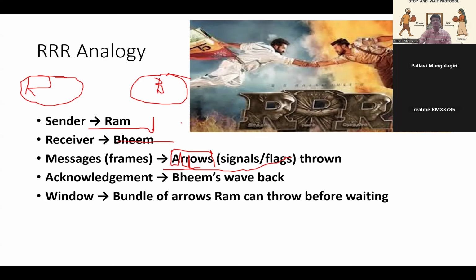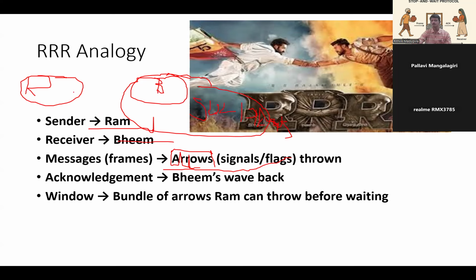So the major thing is the war field. Let us imagine both are in the war field, and within Bheem's constraint, there are some British soldiers available, as the war field in Bheem's constraint, right?